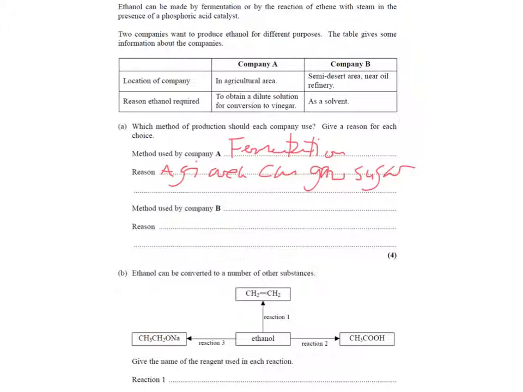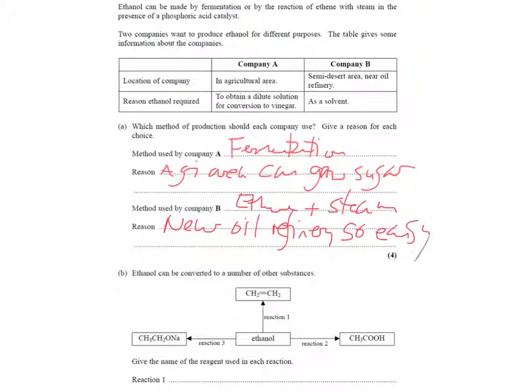So the method used by Company B is the reaction of ethene with steam. And you need to highlight that it's near an oil refinery, so easy supply of ethene. You could also say that the land in a semi-desert area would be very poor for growing sugar.